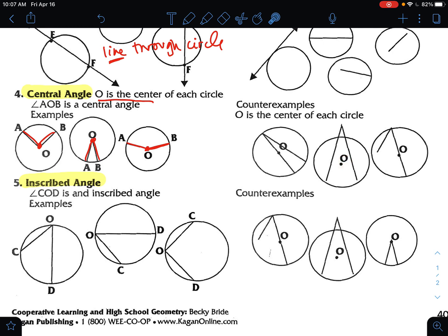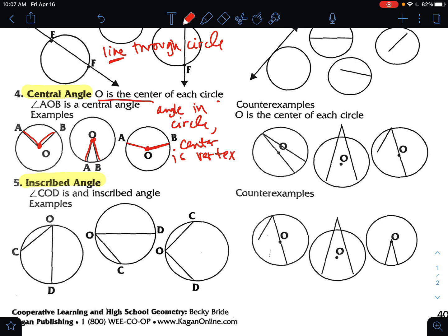On the non-examples, the center is not being used as the vertex. So a central angle is an angle in circle, and the center is vertex. It's got to be inside the circle, and it's going to be using the center as the vertex of that angle.